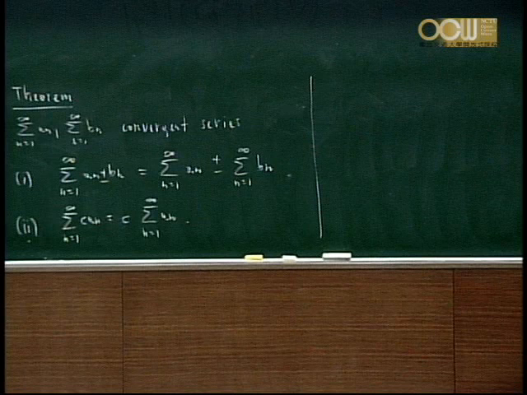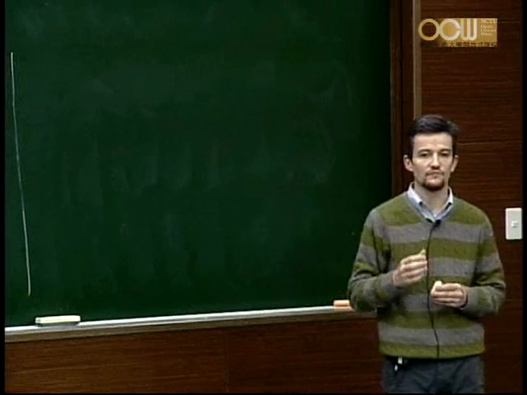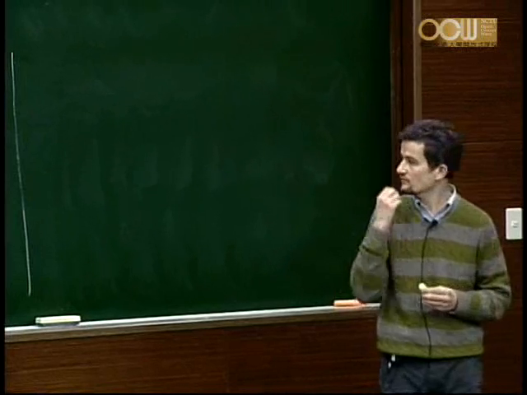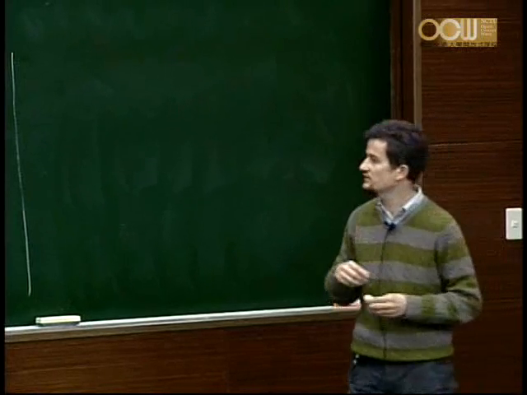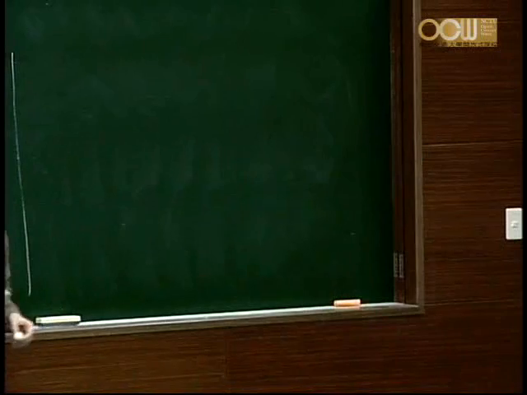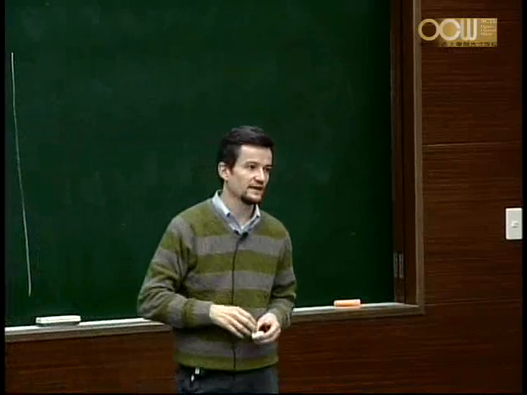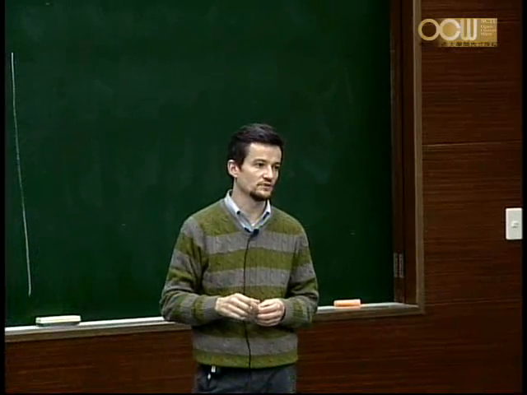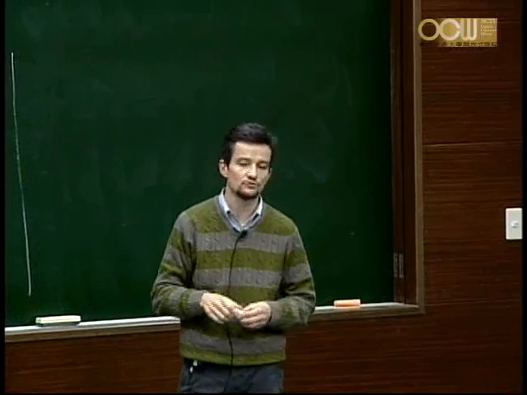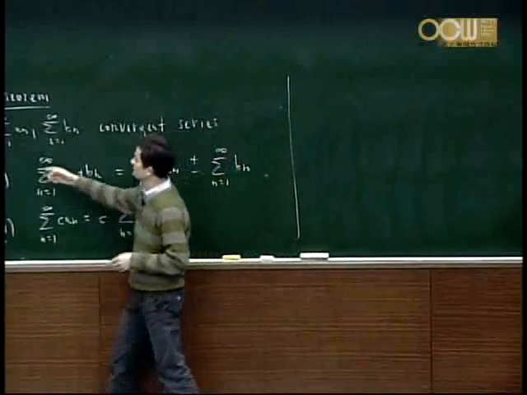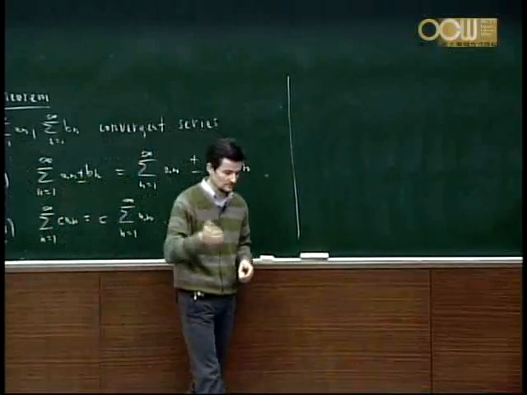Now the next thing, as I have already stressed, is that we want to have some good tests which help us, for a given series, to test whether the series is convergent or not. One trivial remark is that if you have a given series, you can throw away a finite number of terms. This will not affect whether a series is convergent or not. Sometimes it's more convenient to throw away, for instance, the first 10 terms.